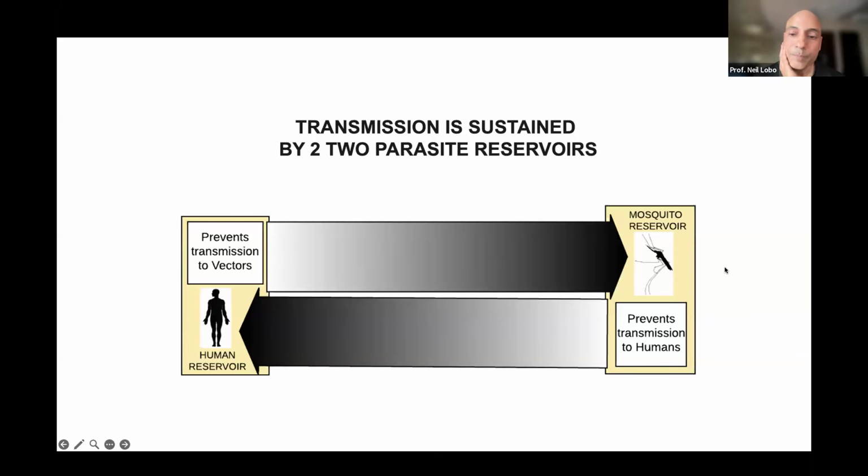And this is why, if we have only human interventions, or only mosquito interventions, we are realistically not going to get rid of malaria. The reason is that there's another reservoir supplying the transmission system with parasites. Only when we get really, really low transmission can interventions in one direction help prevent malaria. But usually we'd want transmission to be prevented in both directions.